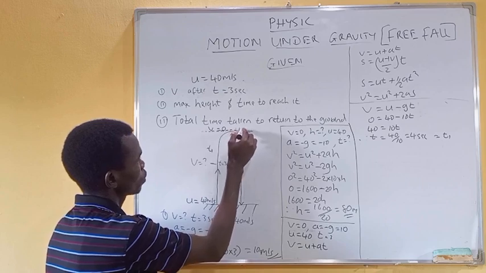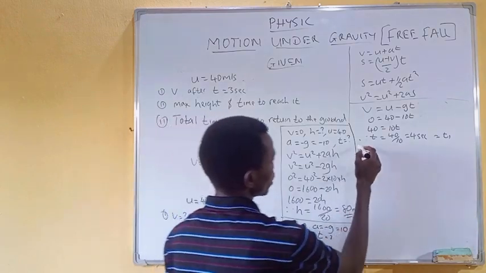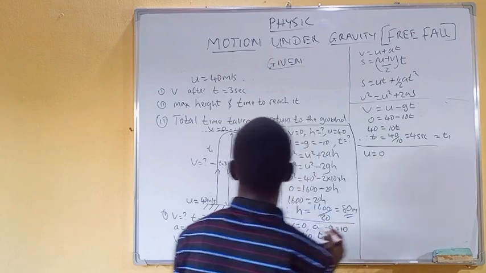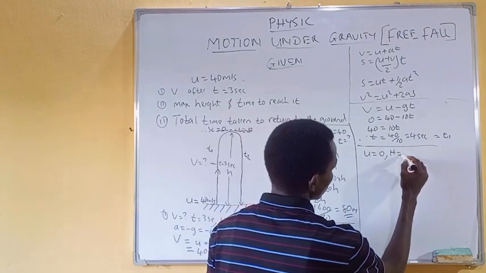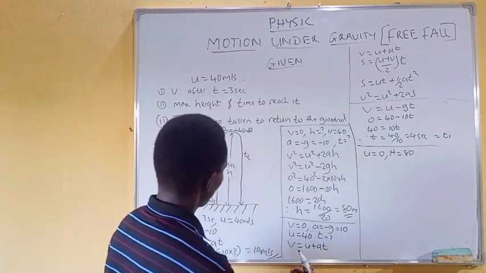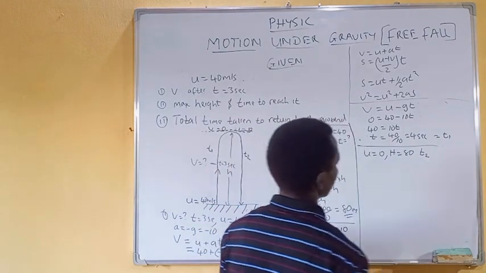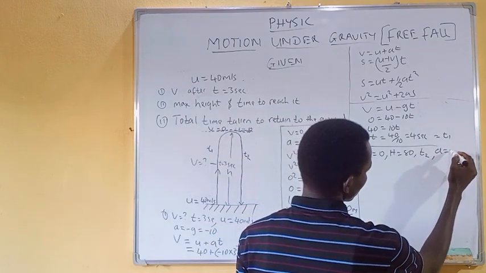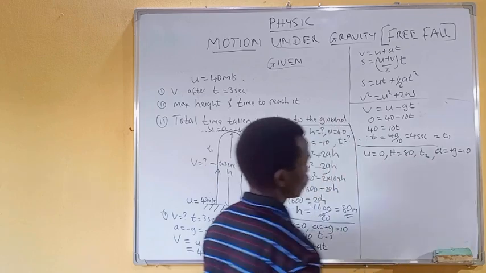Initial velocity for the downward motion will be equal to 0. We have the height is equal to 80. There's no final velocity, and we are looking for t2. We also have acceleration, which is positive gravity, equal to 10.